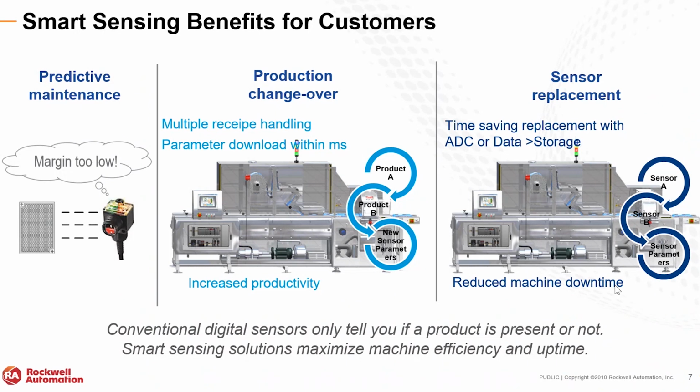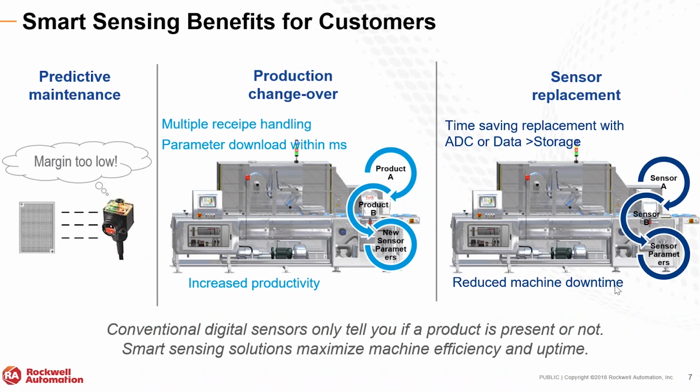So for example, if a margin level is going down, or a signal strength is going down, we know that something is happening on that machine. If we contextualize that information, we can provide it to an operator and say, 'Dear operator, go to that part of the machine, go to that sensor and clean it before we run into a machine stop.' Preventing machine stops is a key thing we are looking at.